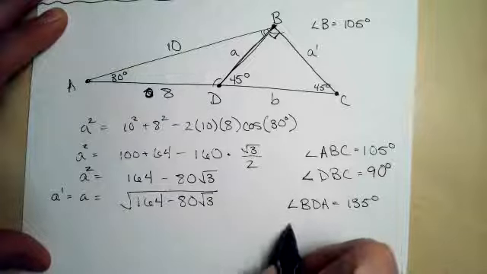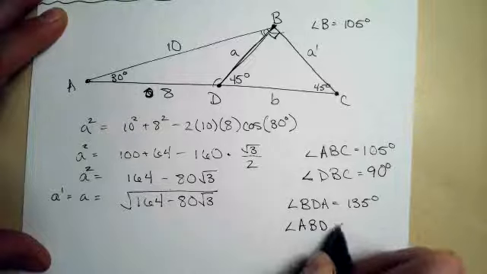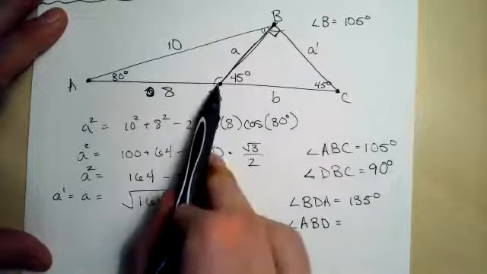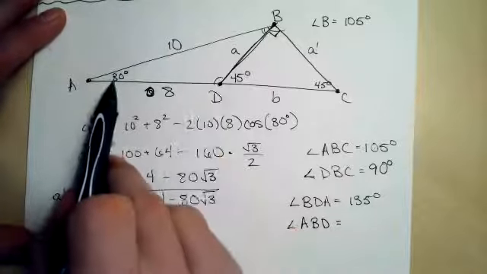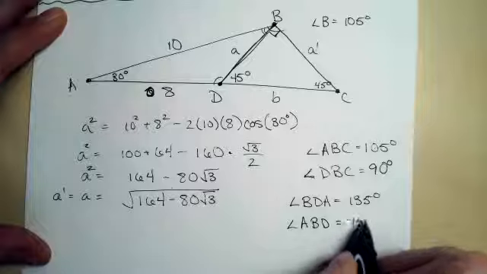And then angle ABD, we have 135 and 30 is 165. So that angle has to be 15.